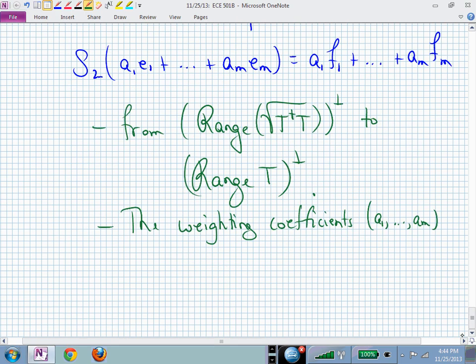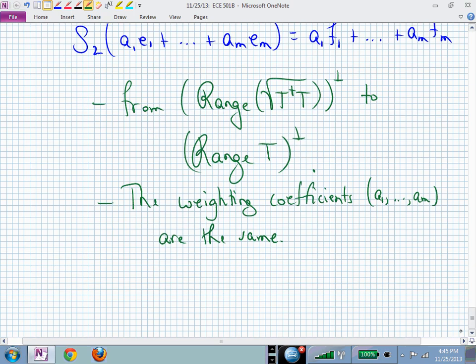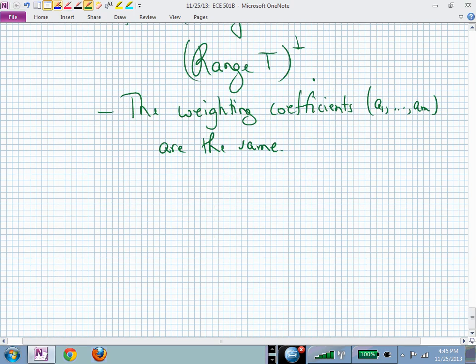And it's critical that we're actually keeping the same weighting coefficients between the two. A1 through AM are the same in both expansions for E's and F's. So that now we have the isometry that we wanted.